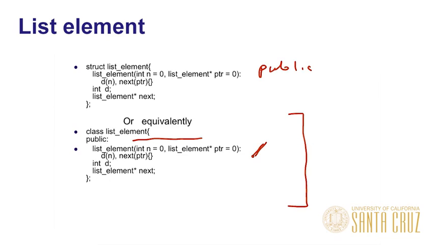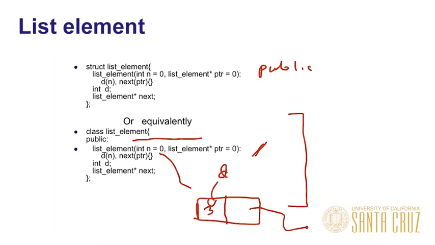It has an integer n, which is going to be, if we think about this, what we're going to ultimately have as a struct element, something in which we're going to store data. In this case, it's just going to be an int, could be 3. By default, we're going to store a 0 there. And we're going to also have a pointer, which conceptually is something like this, a memory address. And by default, it's going to be a value 0.